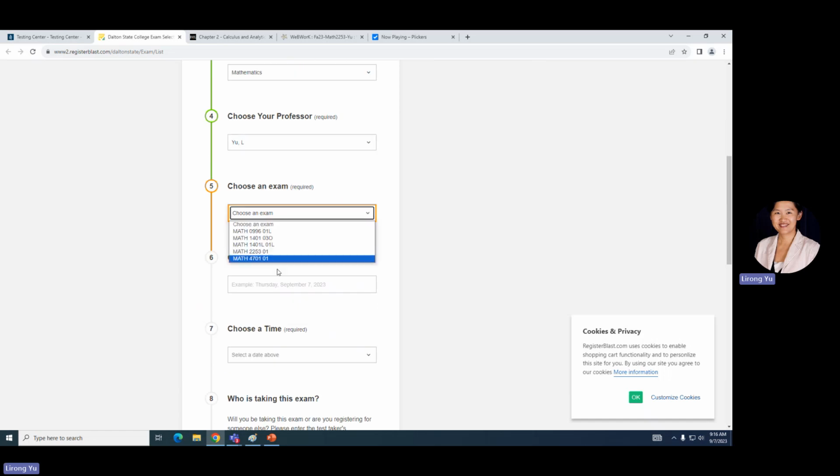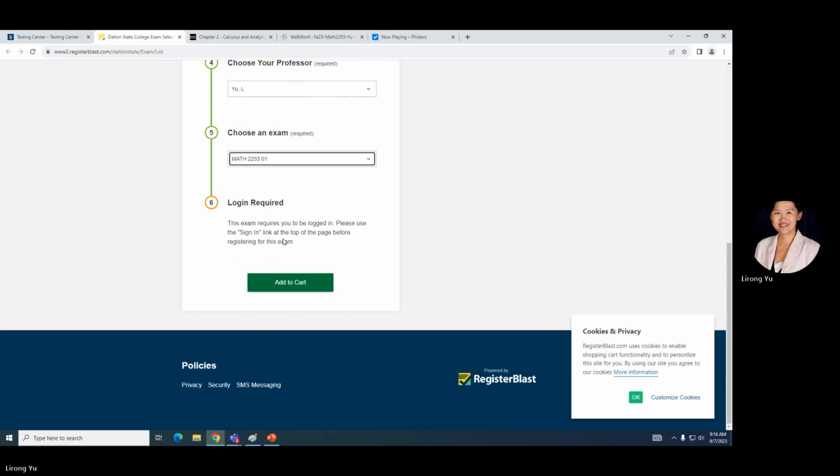And then this is log in. There's no cost, but there's a cost if you miss it and didn't cancel. If you want to change your schedule, you have to let them know ahead of time, so they will reschedule or cancel it. But if you don't tell them, I think they charge you $10 for not attending the exam.